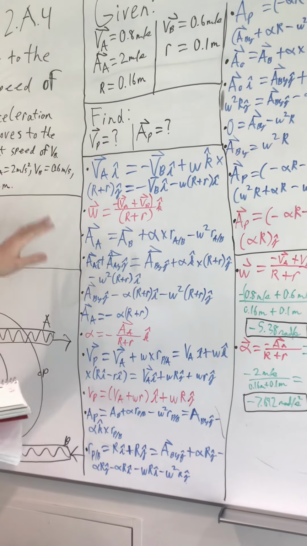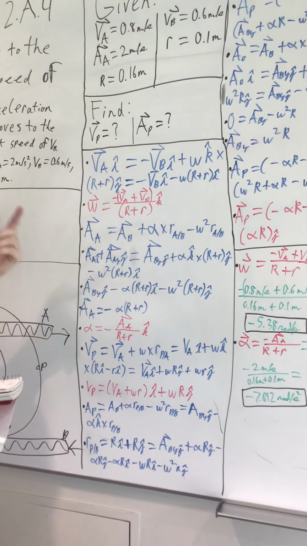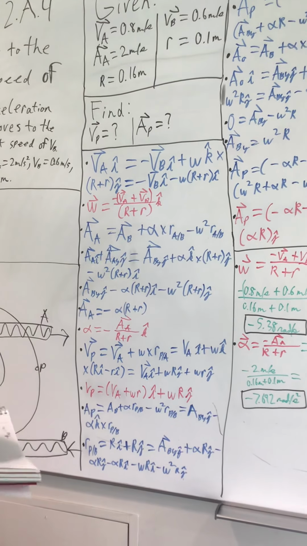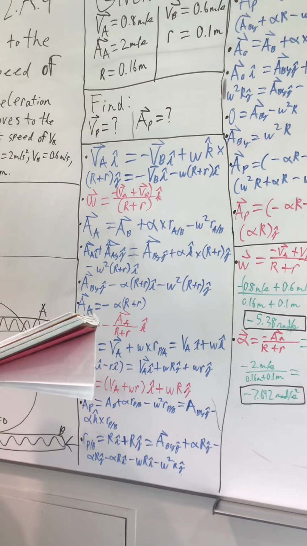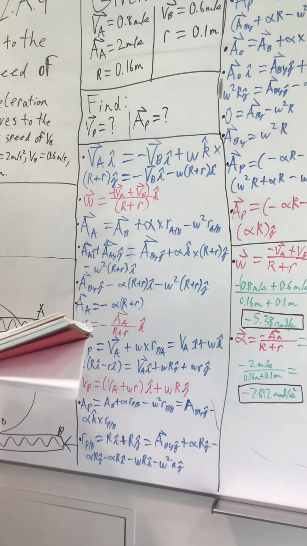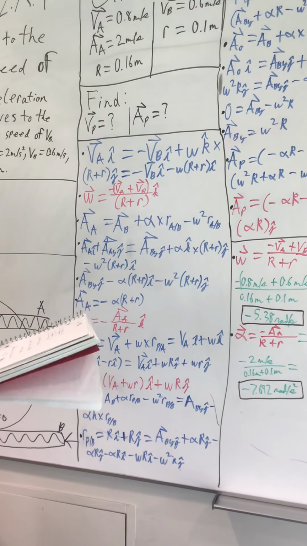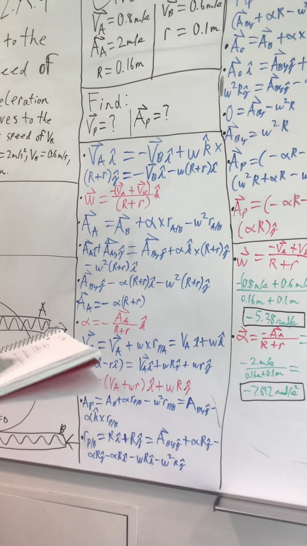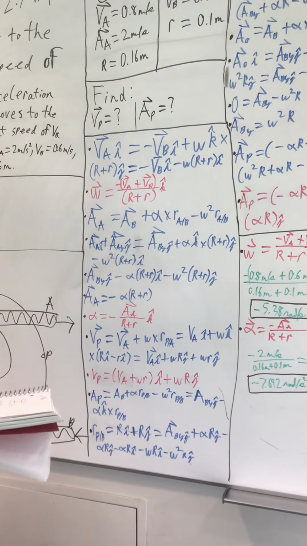We'll get the acceleration of A in the I hat plus the acceleration of A in the J hat component is equal to the acceleration of B in the J hat component plus alpha multiplied into large R plus the small r in the I hat component minus omega squared of the large radius plus the small radius in the J hat component.